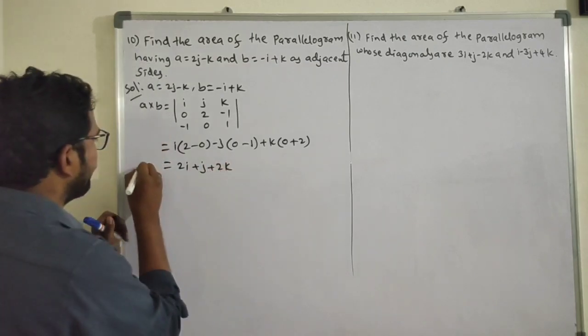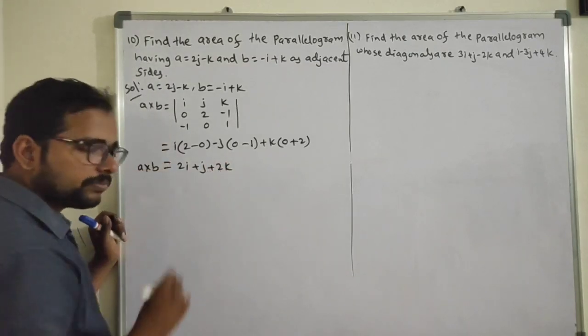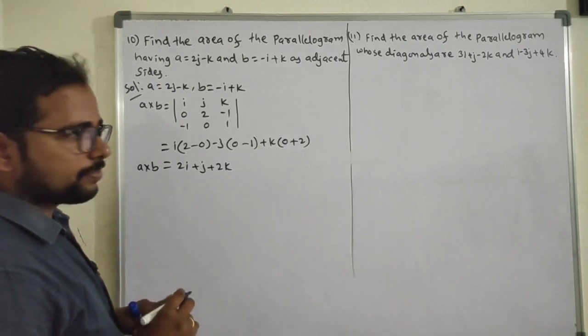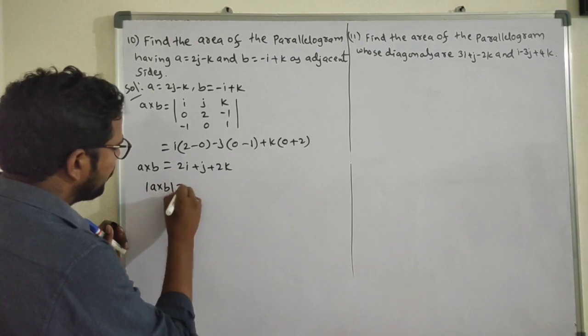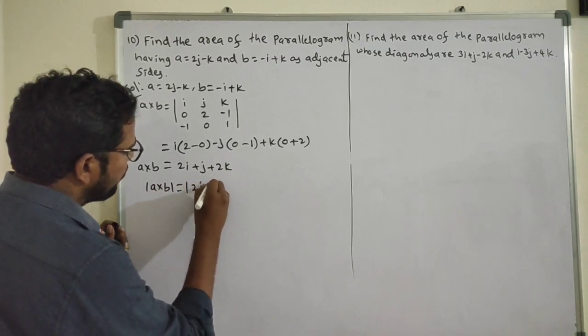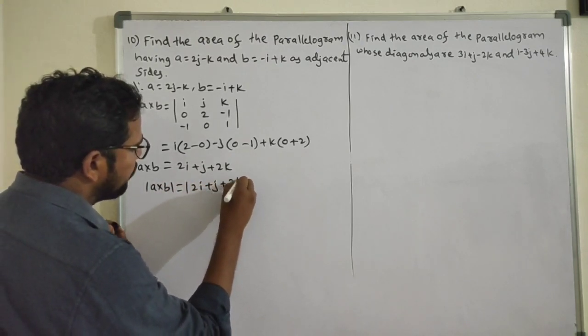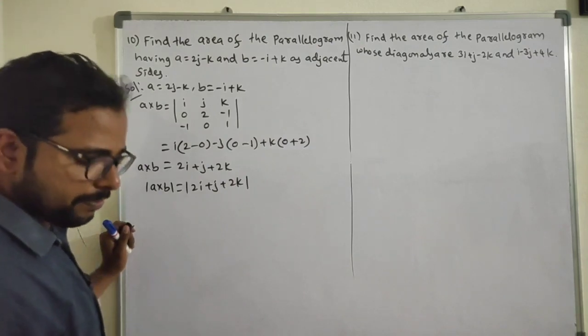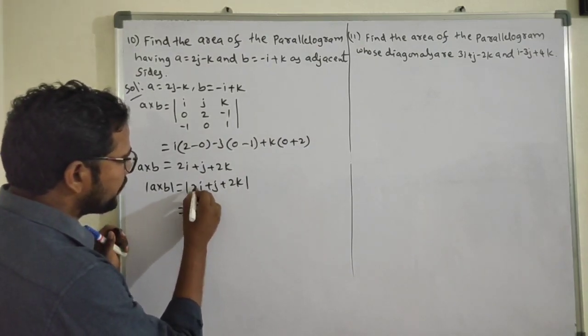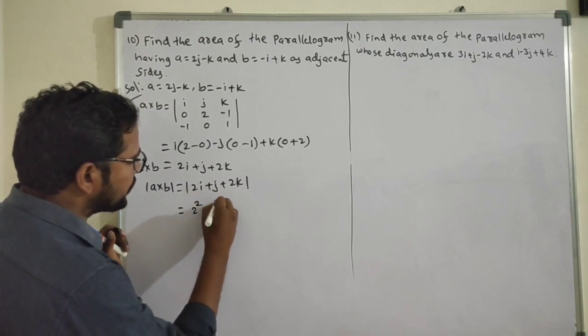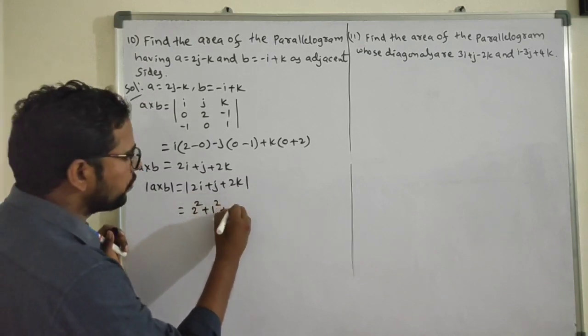This is A cross B. So find the modulus of A cross B. Modulus A cross B is the modulus of 2i plus j plus 2k, which is 2 squared, the i coefficient squared, plus the j coefficient 1 squared, plus the k coefficient 2 squared.